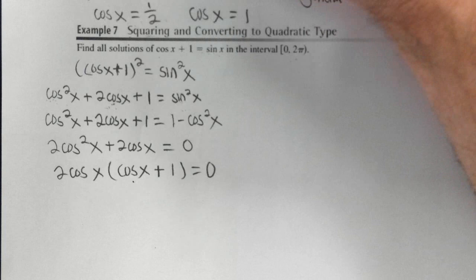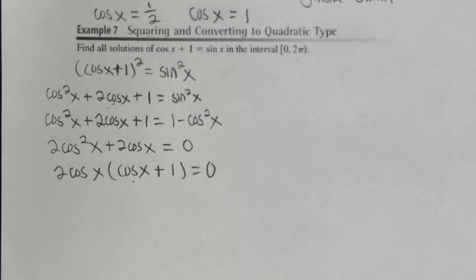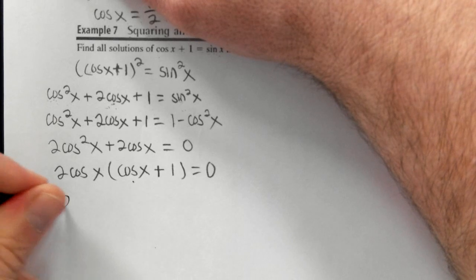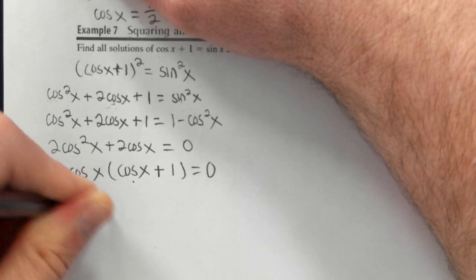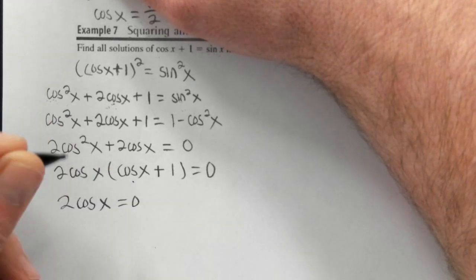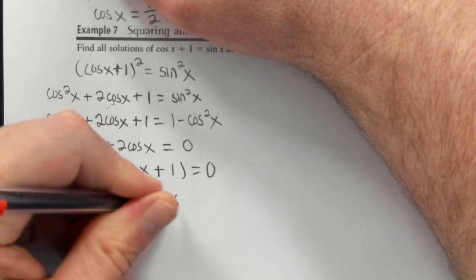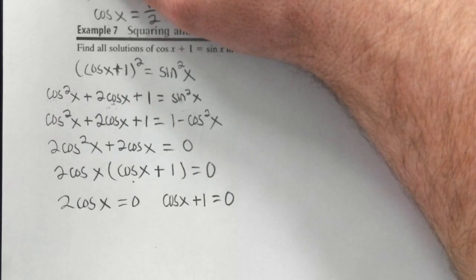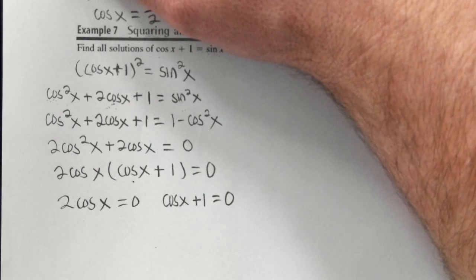Zero product rule will give me either 2 cosine x equals 0 or cosine x plus 1 equals 0. Let's see what solutions we get from here.